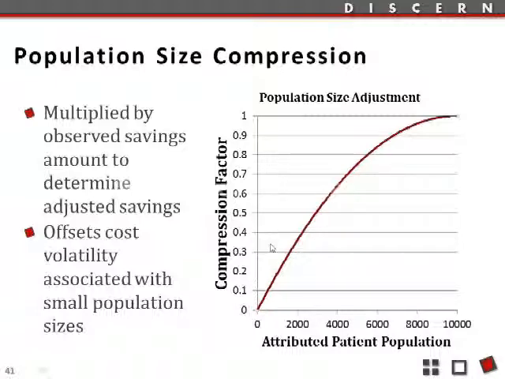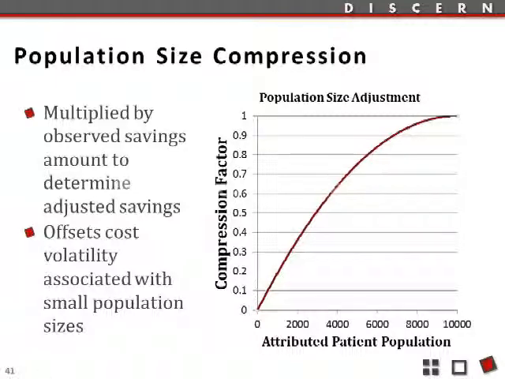Essentially, you multiply any observed savings by that compression factor, and then base any shared savings payment on that compressed number. You can see that this is a nonlinear relationship, and I'll explain that in a moment. But for 2,000 patients, the compression factor would be slightly over 0.3. For 5,000, it's right around 0.75.